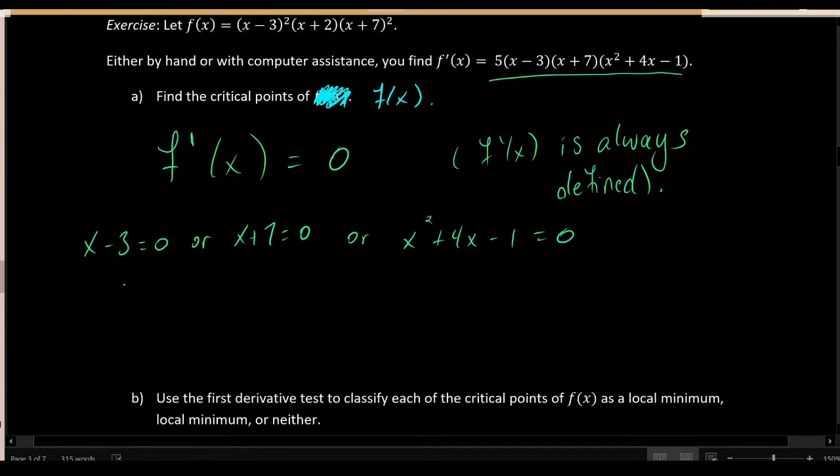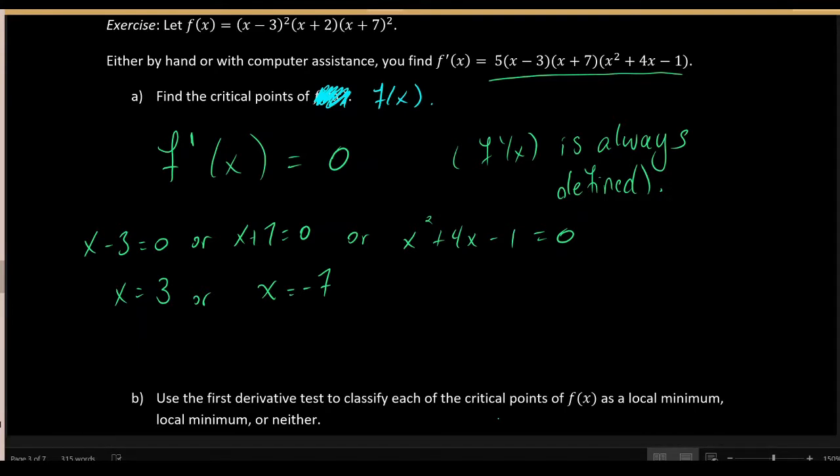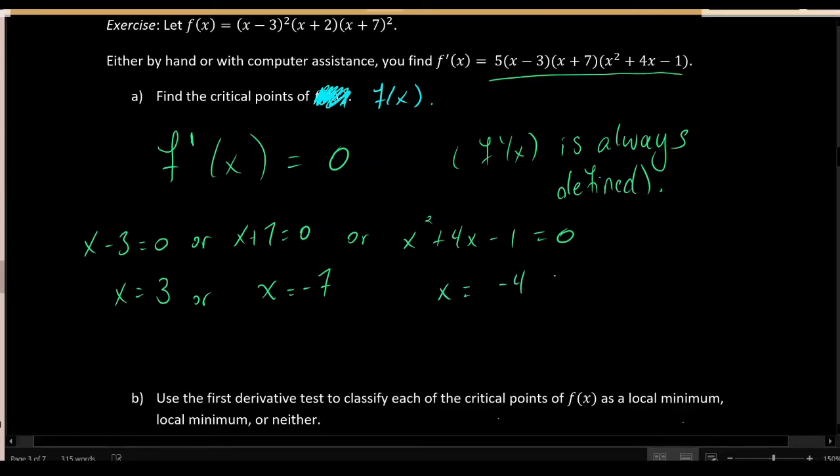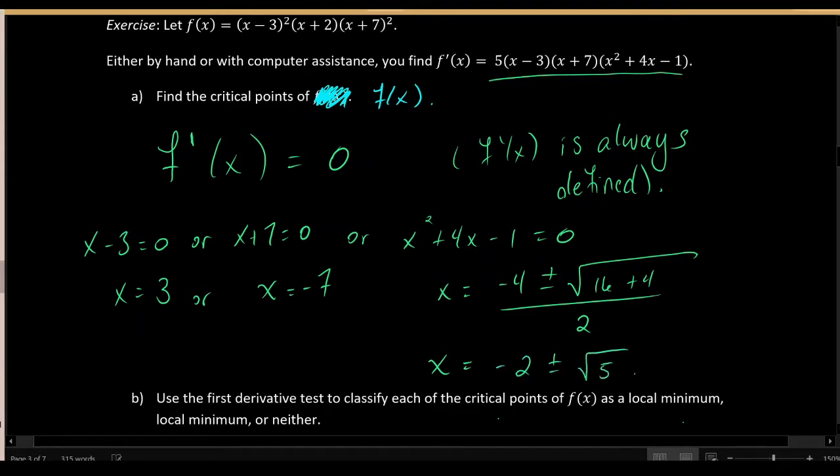Now the first possibility corresponds to x equals 3, then x equals negative 7, and to determine what's going on in possibility number 3, this is a quadratic equation, so we'll need to use the quadratic formula. Negative 4, either plus or minus the square root of 4 squared minus 4ac, all over 2 times a. You can simplify this if you like. This can be reduced to negative 2 plus or minus root 5, if I recall correctly.